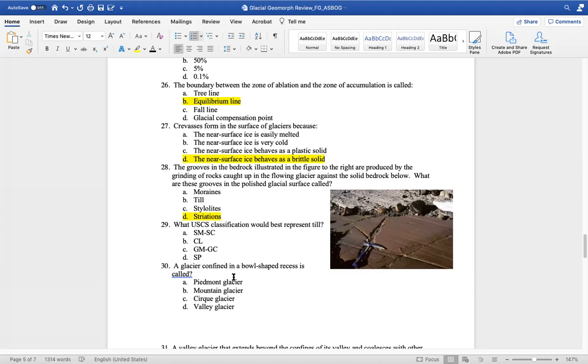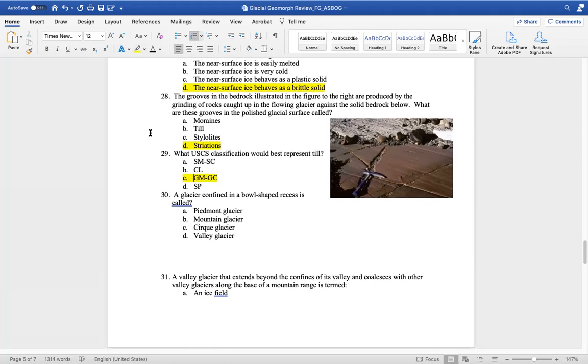You have to think about what types of things are going to be picked up and deposited by glaciers. So you will have some fine grains, but also gravel sized, and in some cases even boulder sized. For the choices we have here, it's not going to be a silty sand or a clayey sand. Definitely going to be looking at some gravel sized particles. So C is our best bet.